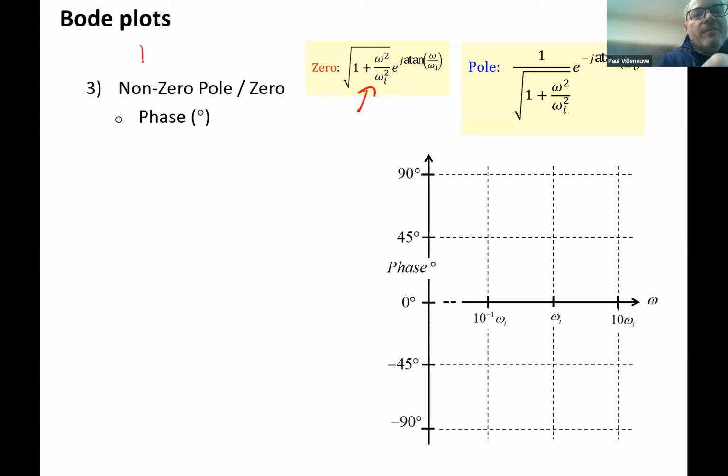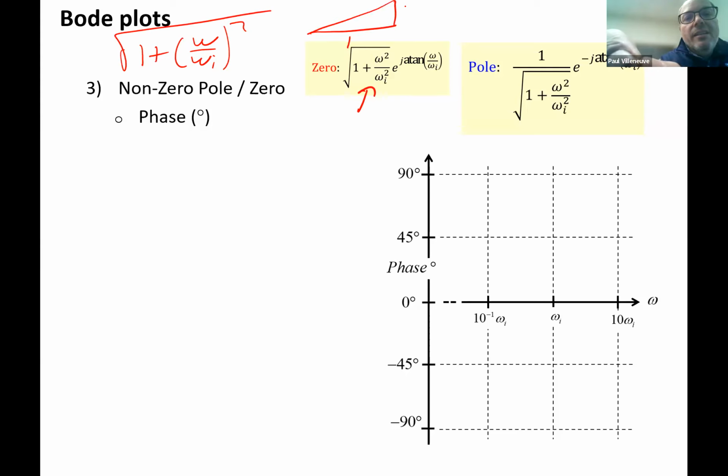So we have 1 plus omega over the break frequency squared, square rooted. So that means we have 1, and we have omega over omega sub I over here. And here's theta.